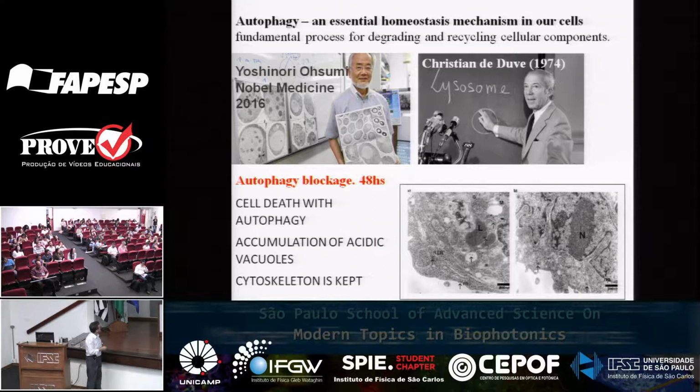And this takes time for the cell to die. So you should look for 2 days, 3 days after damage to start to see signs of autophagy. So you see a lot of accumulation of these acidic vacuoles that Yoshimura is holding there. And the cytoskeleton is kept, ATP level is kept, but you see the cell accumulating a lot of vacuoles, okay?